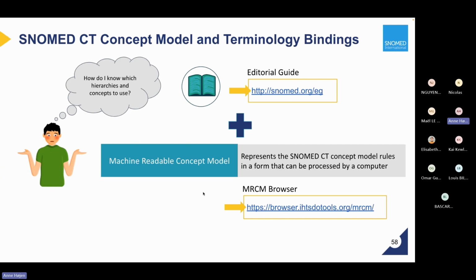So we call this the machine readable concept model, and it allows computers to really utilize SNOMED CT to say, well, you can apply a body site to this concept, yes or no, and what hierarchy should it come from, and what are the values. So the machine readable concept model is really good for validation and also support in the creation.